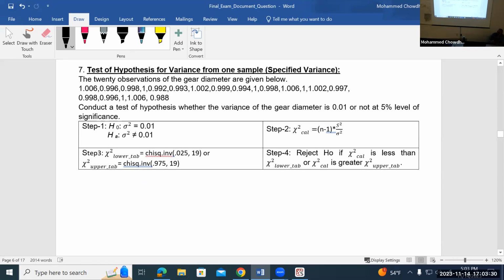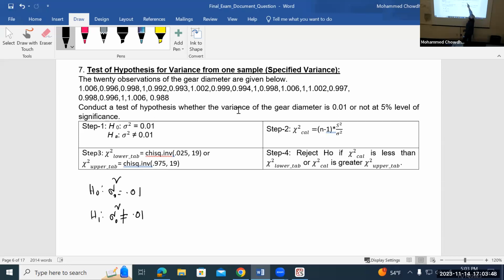See, here the null hypothesis is sigma square 0 equal to 0.01 and the alternative hypothesis is sigma square 0 not equal to 0.01. Clear, right?